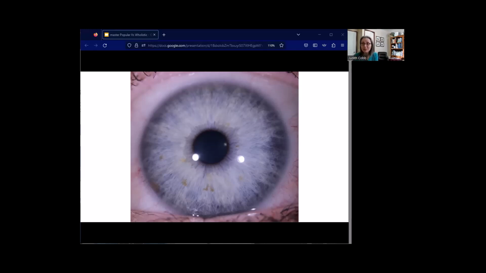How do I know this? Because I have 4 computer screens, 2 of them connected to one computer. I have a tablet and I have a smartphone. I can bring this photo up on every one of my screens side by side, and the colors are different on all 4 of them. Right? That's a challenge. That's a problem. So we need to be aware of those differences in tech.